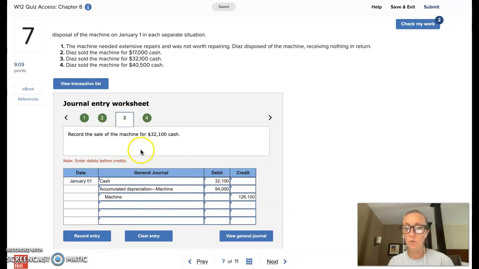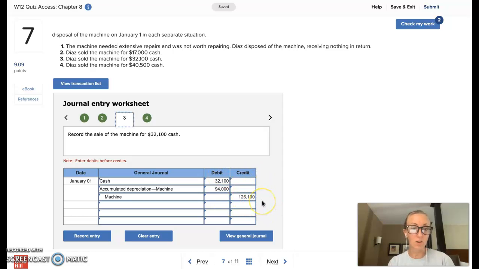We come over to recording the sale, which is option number 3. Record the sale of the machine for $32,100 cash. Since this is straight across, there's no loss or gain on this. So we debit cash $32,100, debit the accumulated depreciation for the machine, $94,000, and then again credit the machine account for $126,100.